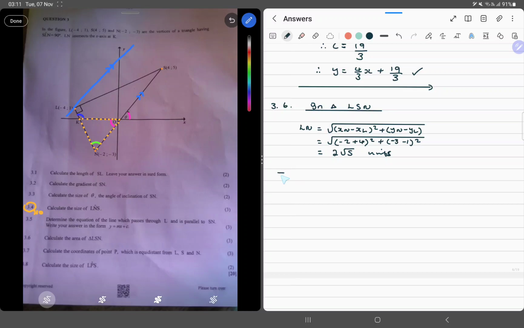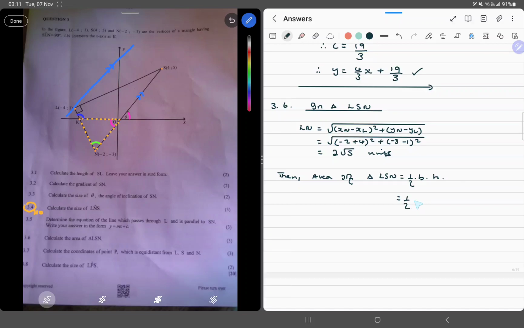We can say then the area of triangle LSN is equal to a half base times height.